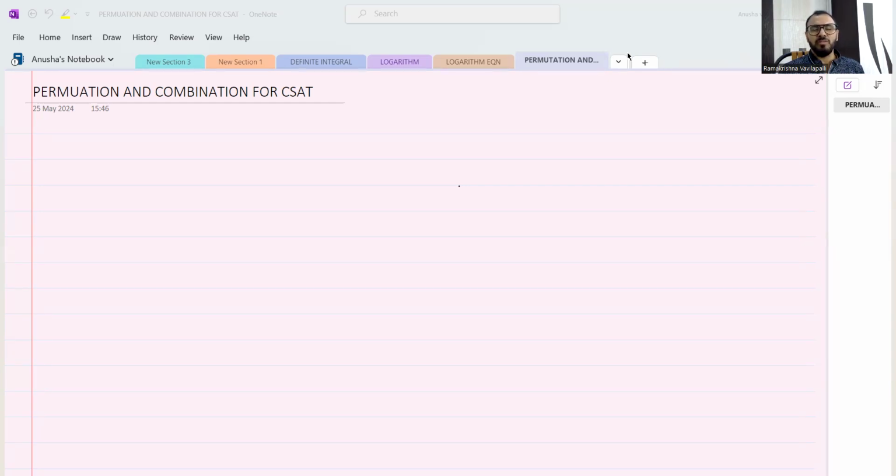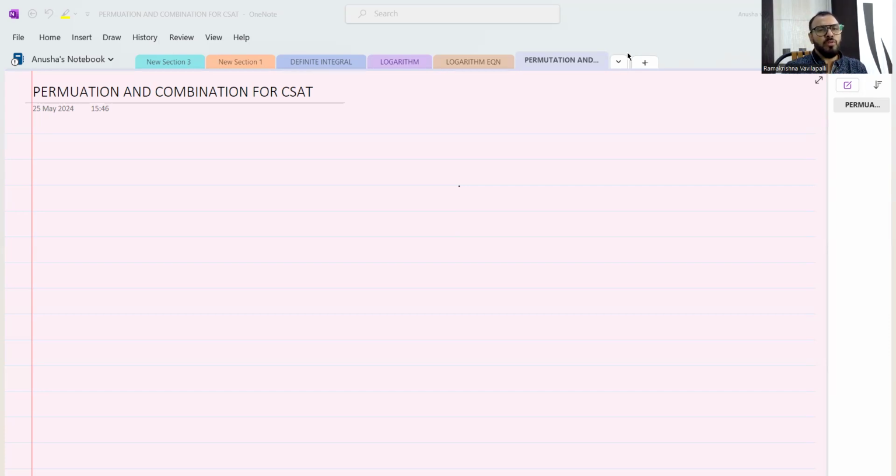Almost each and every question of CSAT can be solved without using formulas of permutations and combinations. If we have a little logical thinking, then immediately we can solve almost every question, maybe except a few questions. They are a little lengthy and we may find it difficult to understand the question in the stipulated time.